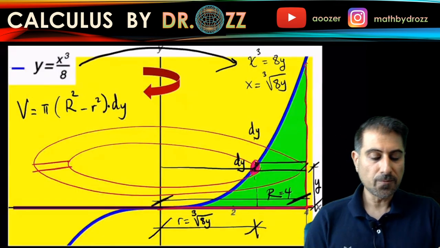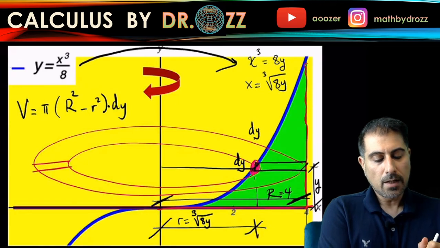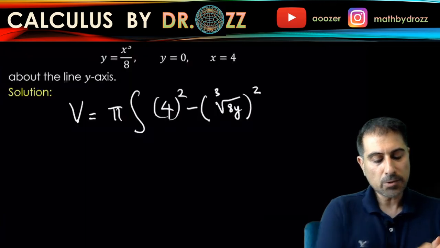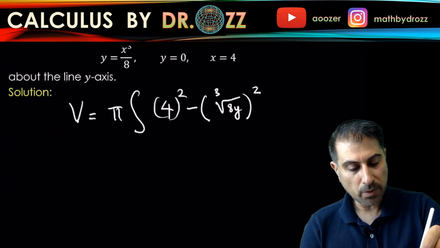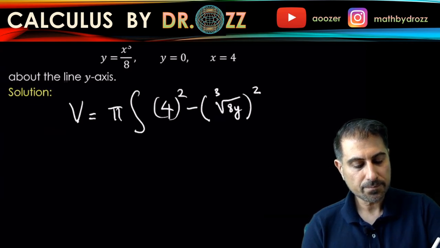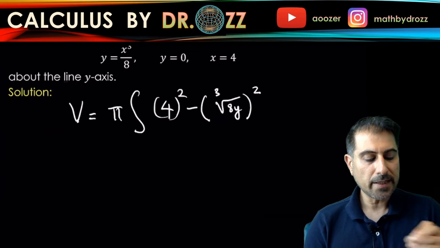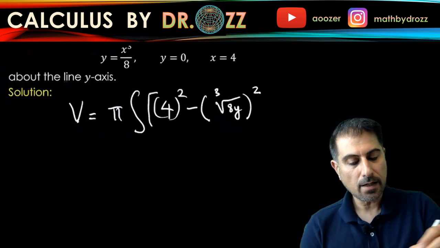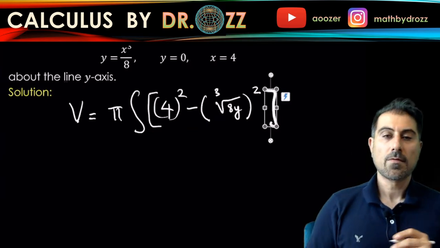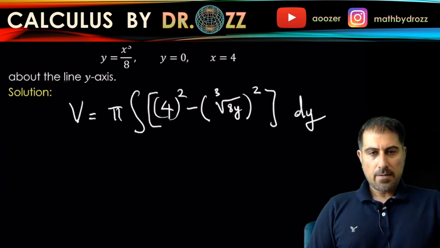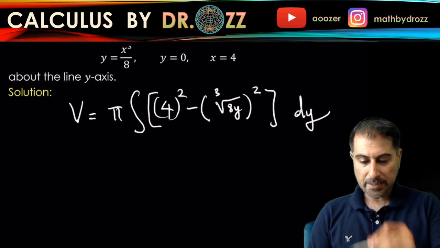So pi times 4 squared minus the cubic root of 8y squared times dy is in fact the volume of only one disk. But if you integrate it on dy, we should determine the limits from the graph.